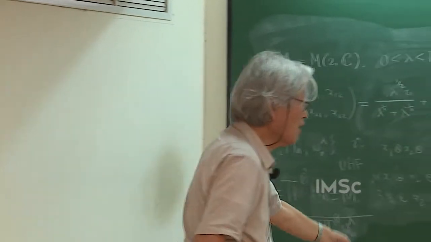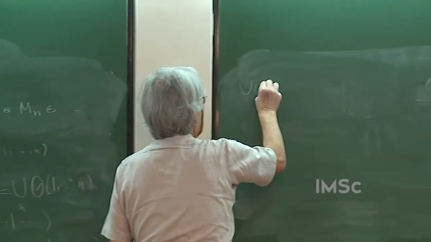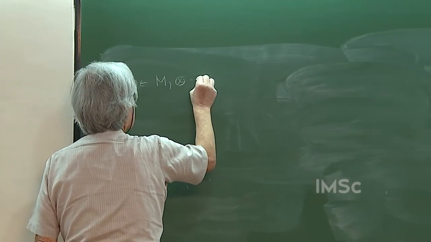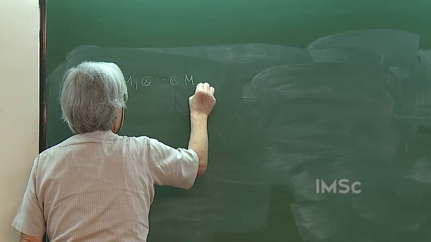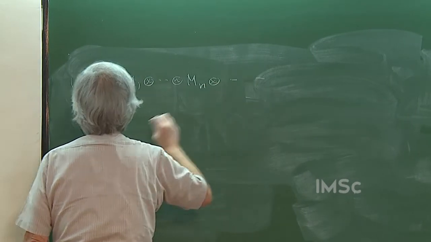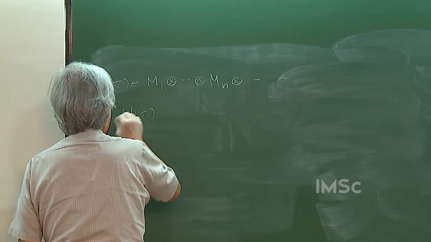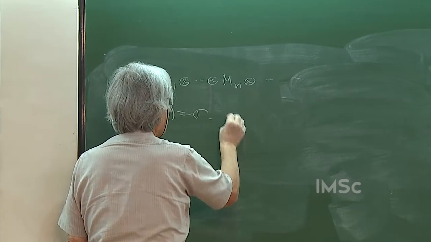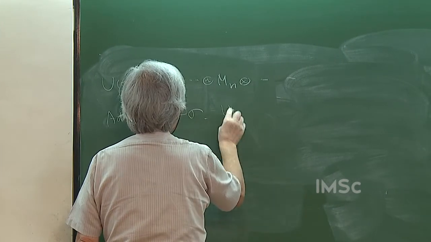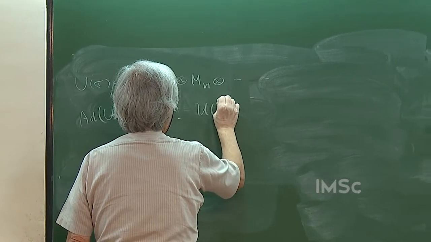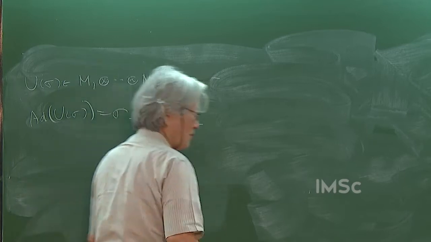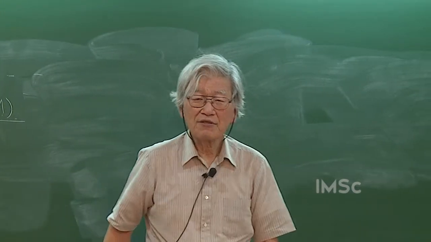So you do have U sigma in M1 tensor through Mn, and then U sigma adjoint gives you sigma. U sigma is an element here, a unitary of course. You can view this as a unitary of the C-star algebra.